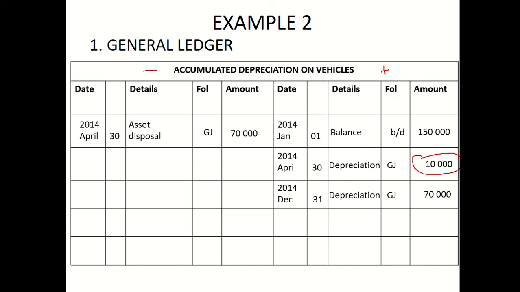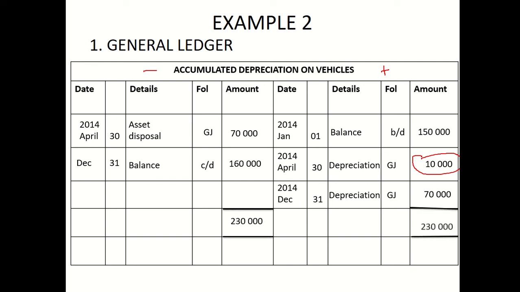I hope that is clear. The balance carried down on the 31st of December will be 160,000 rand. This balance is simply your accumulated depreciation of the remaining assets. How did we get it?